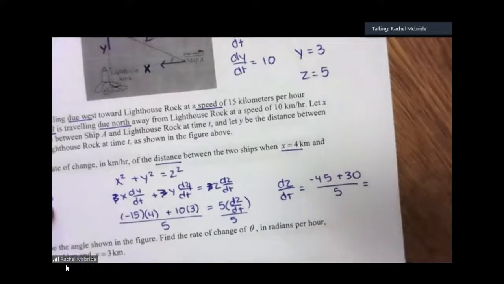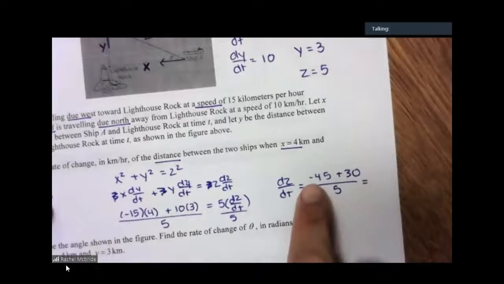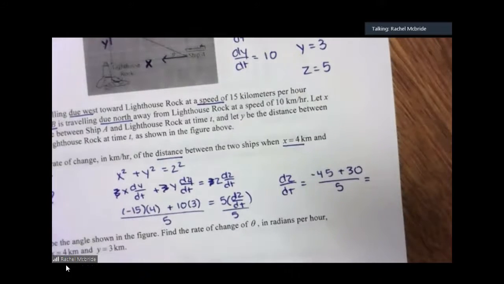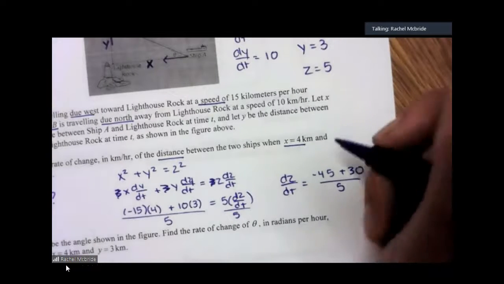So you get negative 15 over 5, or... Sorry.